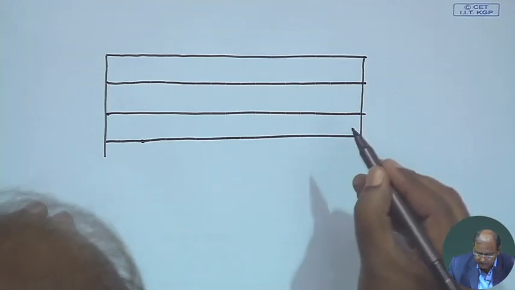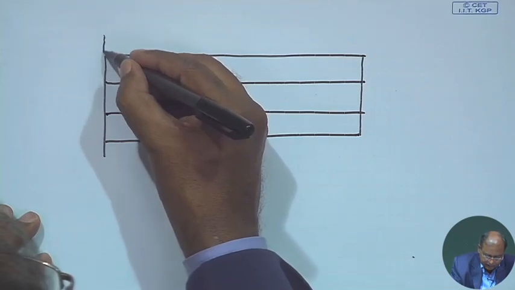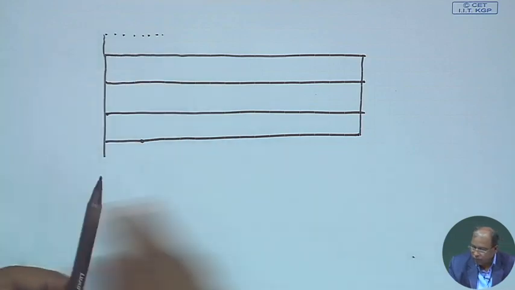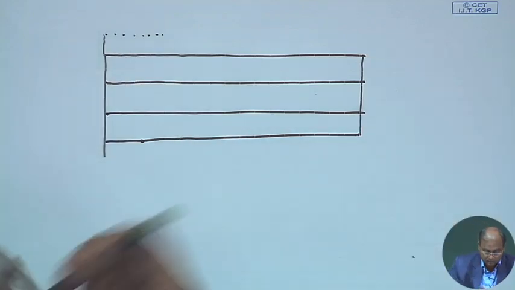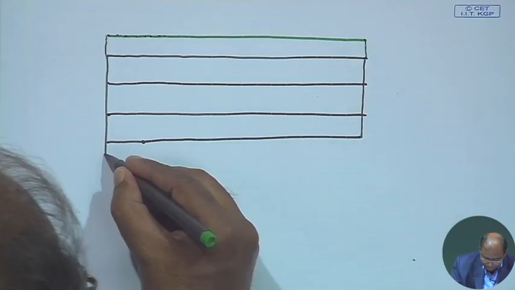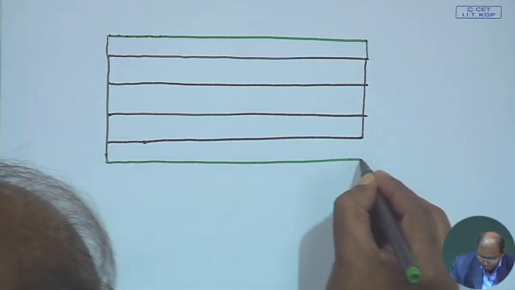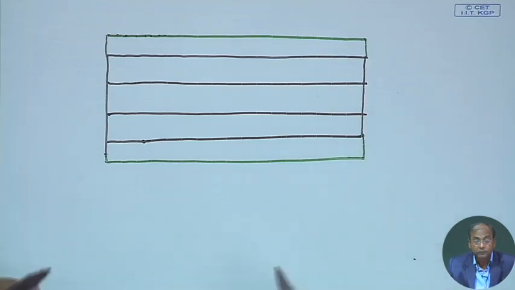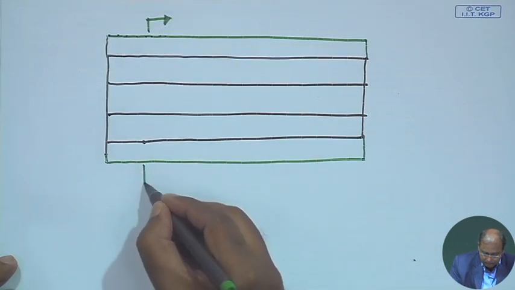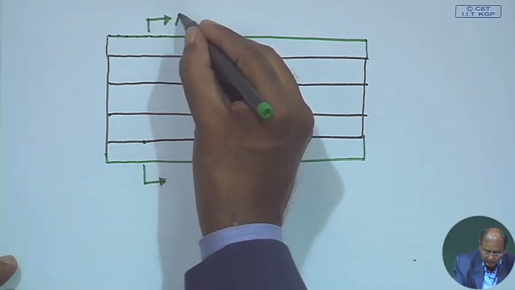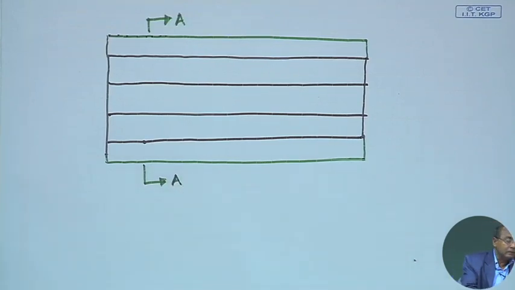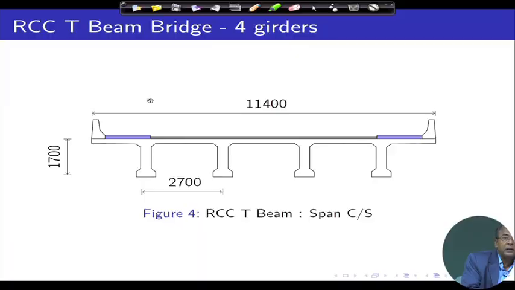So if we consider this one, and then we are having certain portion overhang. Let me consider that one here, overhang of different color. So, if you take a look from this side, A and A, then let me show you the actual drawing again.